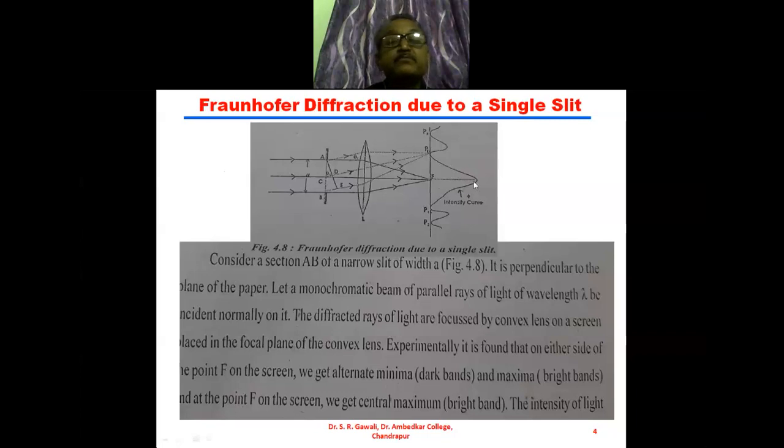So here this is nothing but maximum intensity, and this point is nothing but minimum intensity.